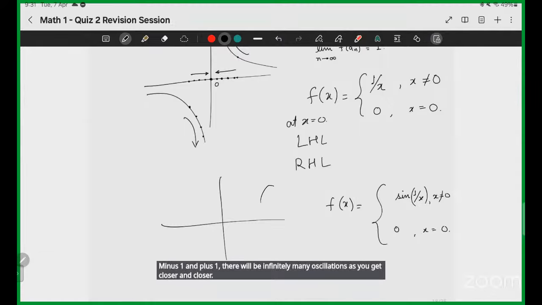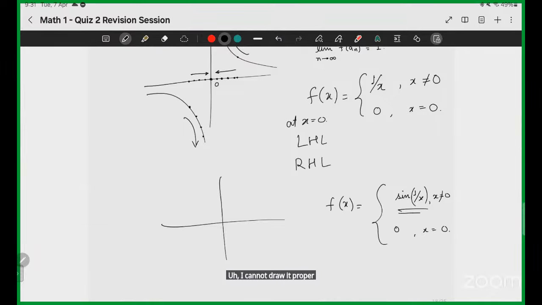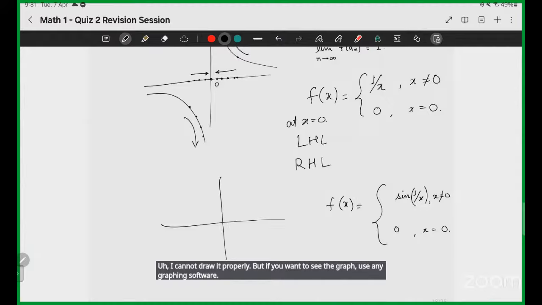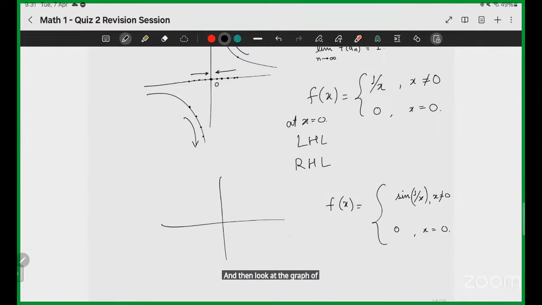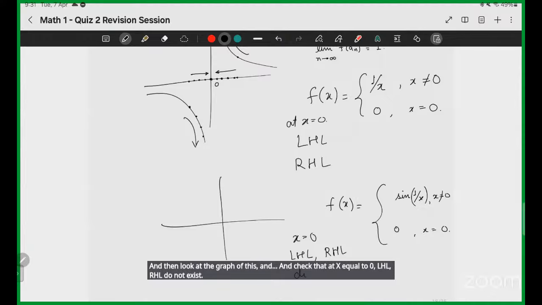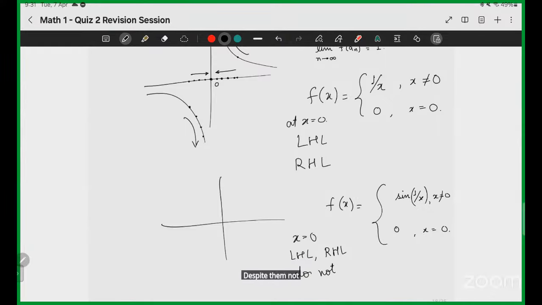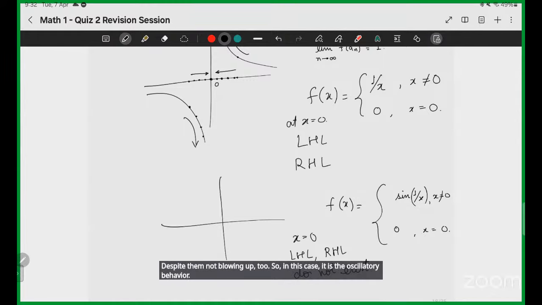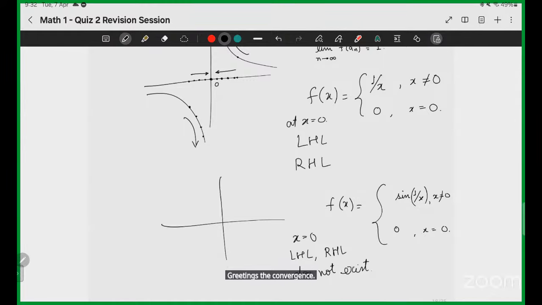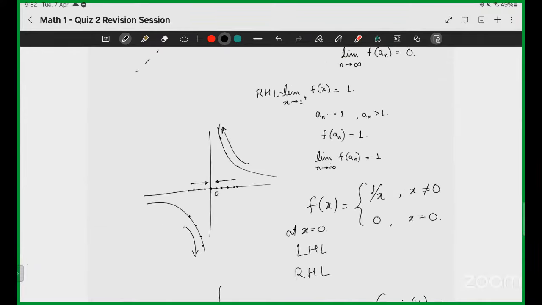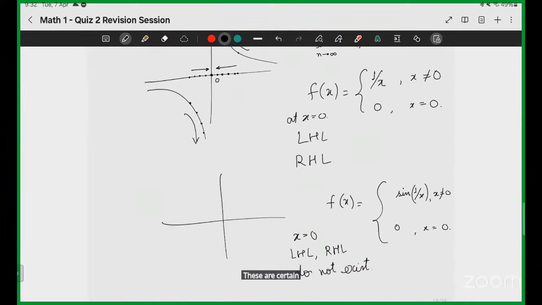I cannot draw it properly, but if you want to see the graph, use any graphic software and check that at x equal to 0, LHL, RHL do not exist, despite them not blowing up. So in this case, it is the oscillatory behavior that prevents the convergence. These are certain examples.